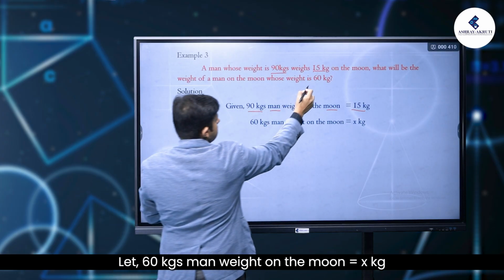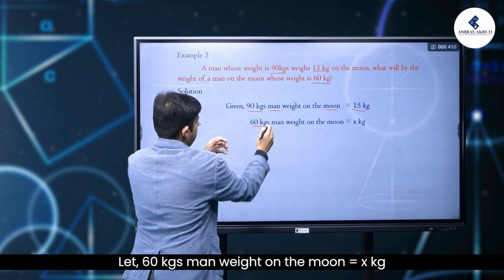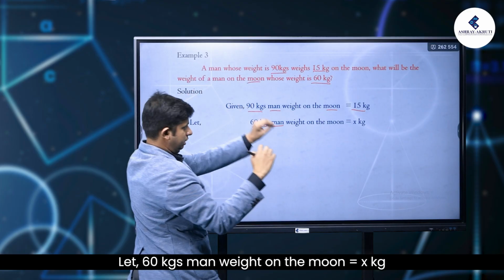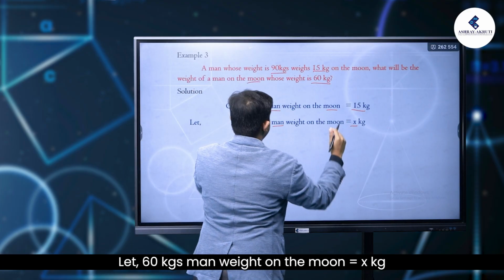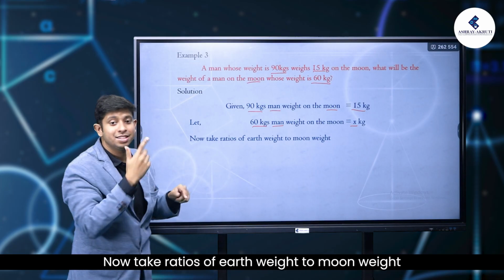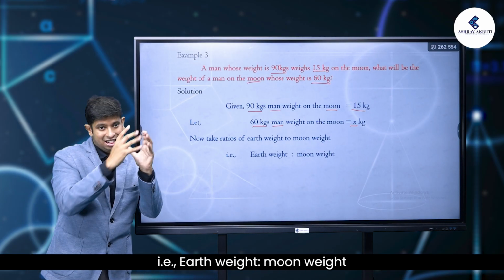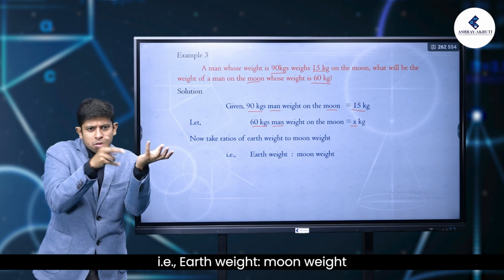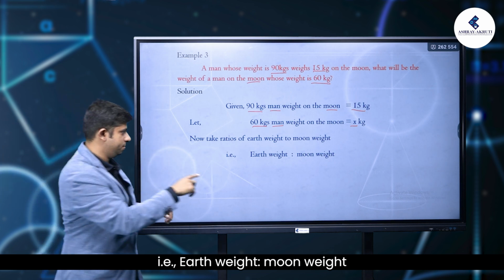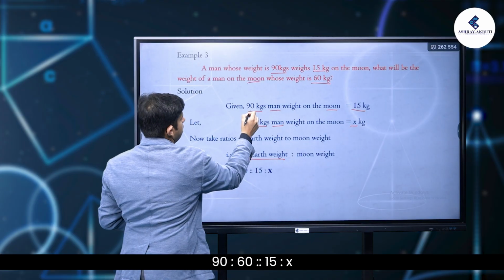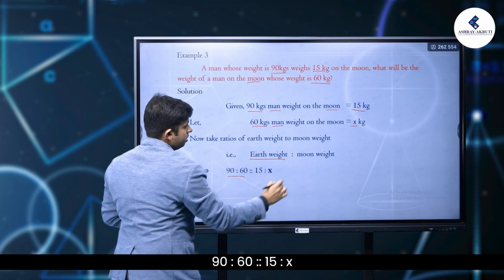Let a 60 kg man's weight on the moon be x kg. Now take ratios of earth weight to moon weight. That is, earth weight is to moon weight, 90 is to 60 is to 15 is to x.